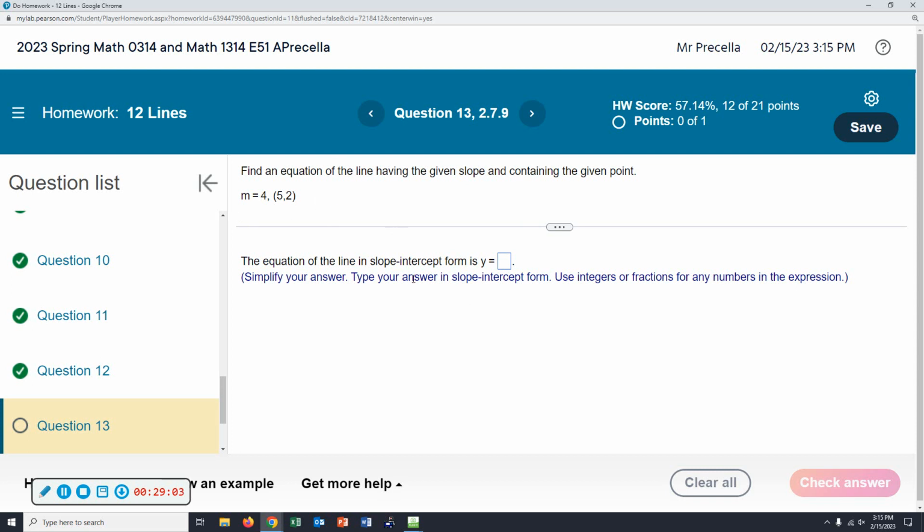Let me write the problem down. We're writing an equation of the line with the slope equal to, what is it? 4.